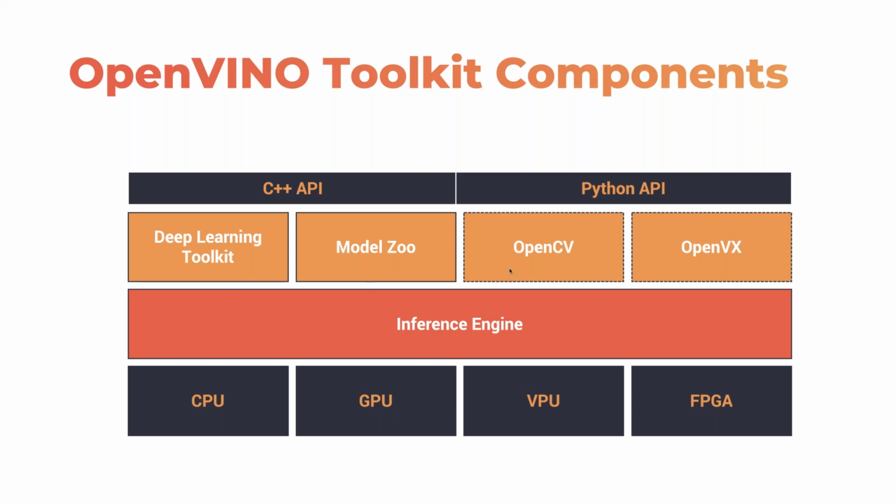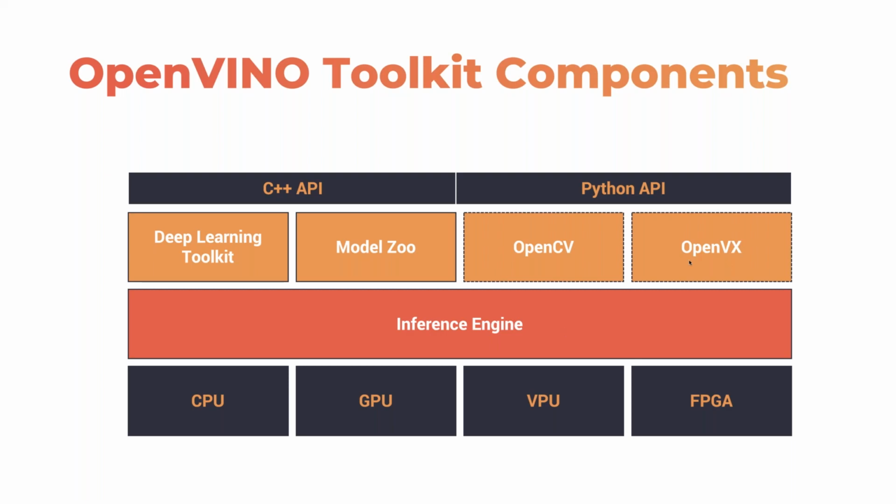Optionally, there is an OpenCV component that comes with OpenVINO, and this OpenCV is tightly integrated with OpenVINO. So when you run standard OpenCV programs and use DNN library, which is meant for deep neural network delegation, it will go through the inference engine and talk to the underlying hardware.